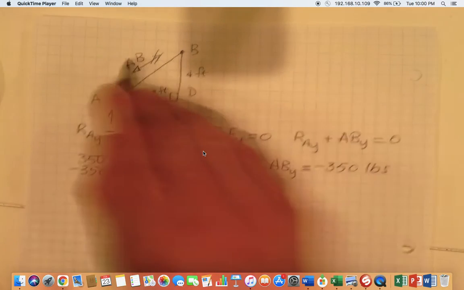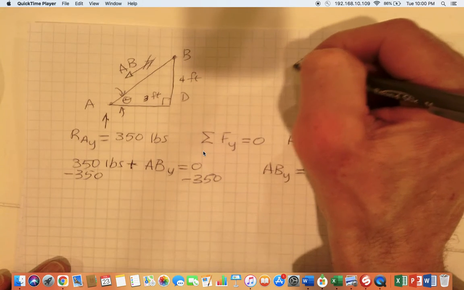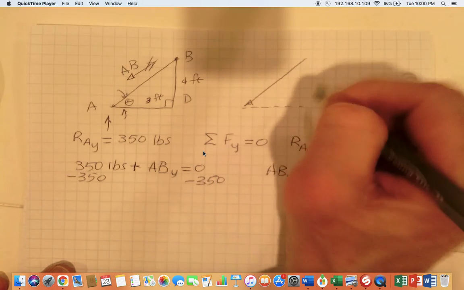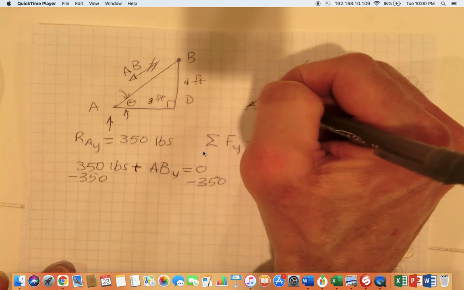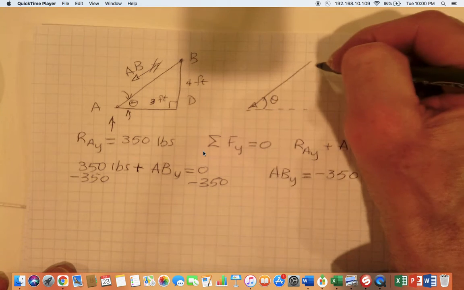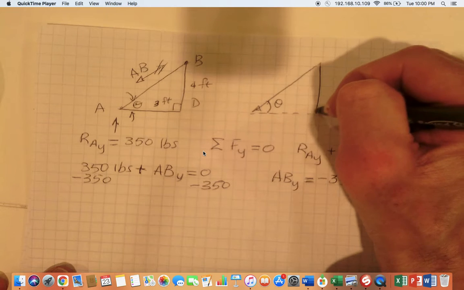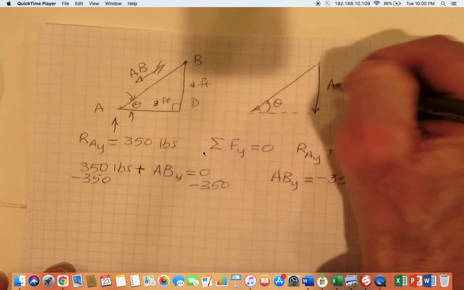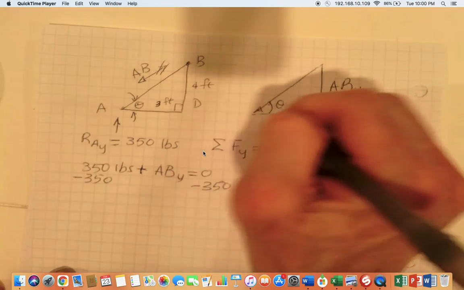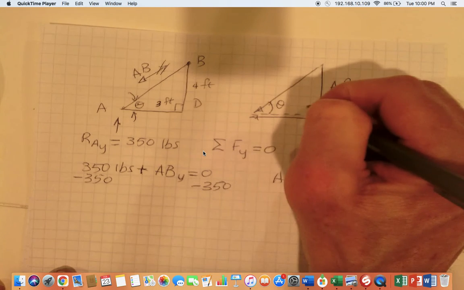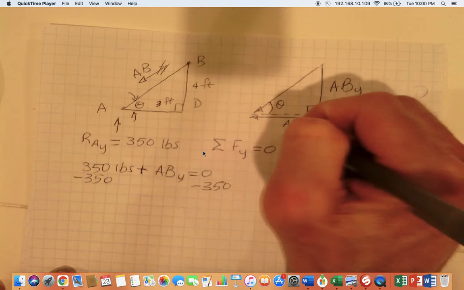So if I was to draw this force AB as a vector, here, there is an angle down here, theta, which we don't know what it is yet. And we have a y component here, ABY. And we have an x component here, ABX.